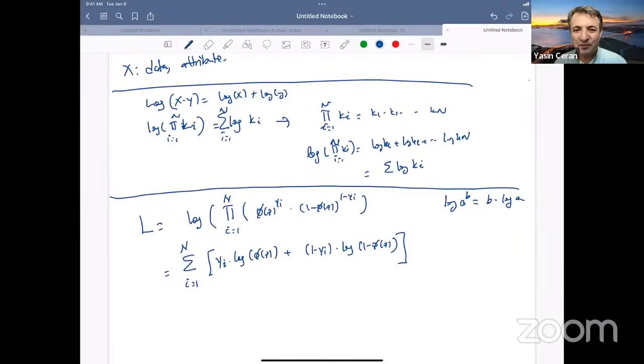Can you have different values of W for different attributes? If you are changing your data set, of course, your Ws are going to change, but for each attribute, W will be different. So W0 will be for the 0th attribute, W1 will be for the first attribute, W2 will be for the second attribute, and Wp will be for the pth attribute.